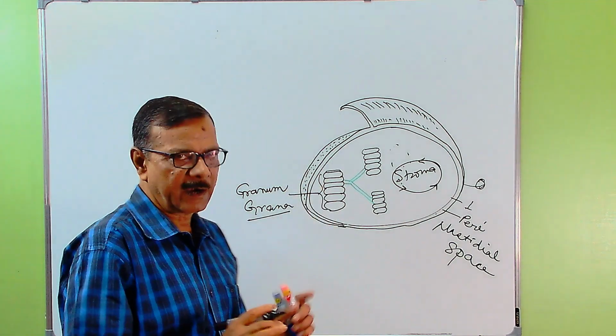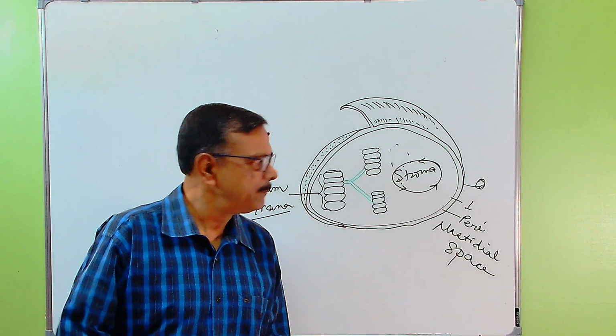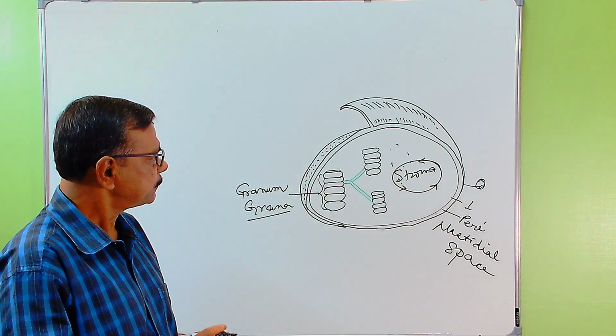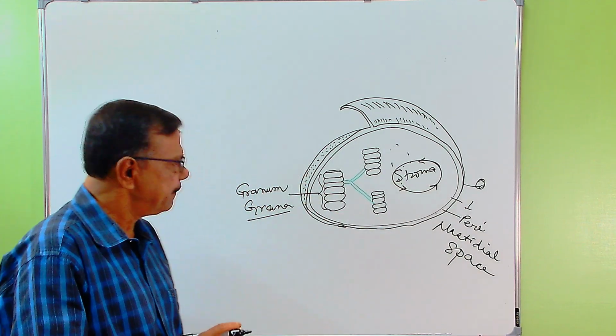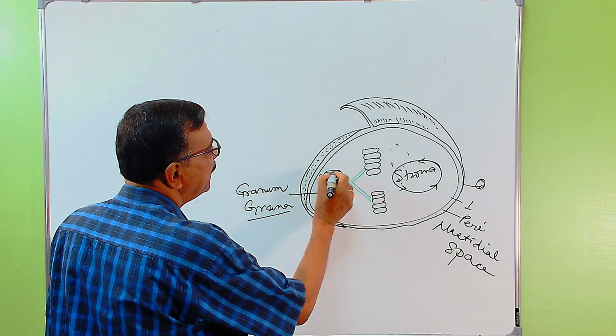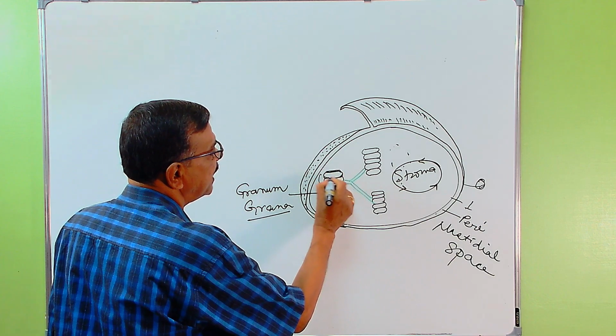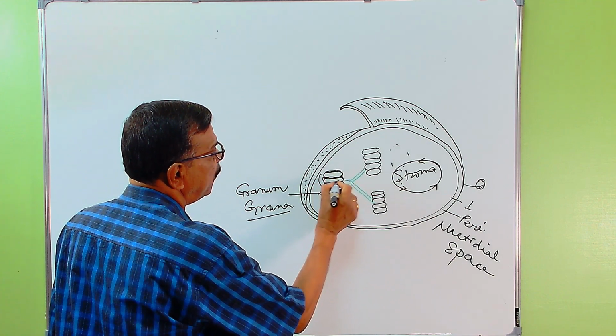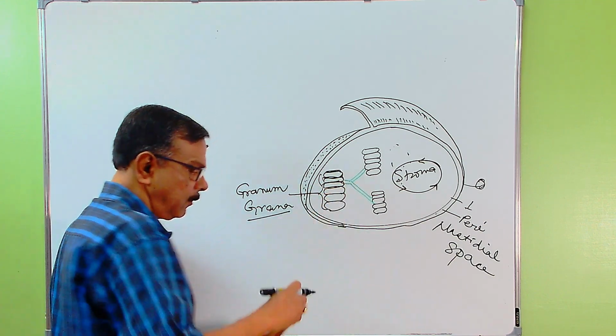No, it is not in the grana, it is somewhere else. Prior to that, we have to say one thing: these portions are all like a pile of coins, one after another.